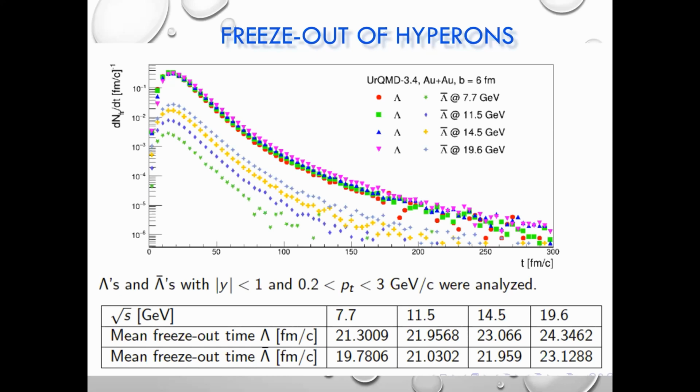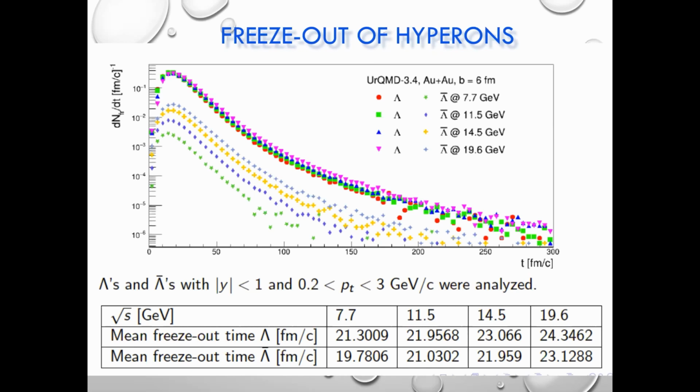Here we see that both lambdas and anti-lambdas are emitted, although not uniformly, starting from the first fm/c. Of course, that's a logarithmic scale. The maximum of the distribution, although a little bit smeared, takes place between 7 or 10 fm/c up to 20, maybe 25 fm/c.